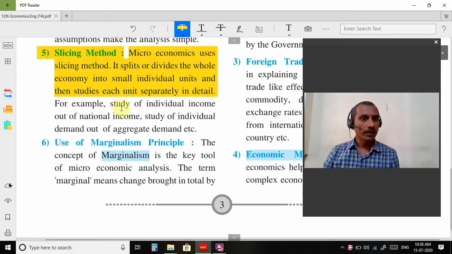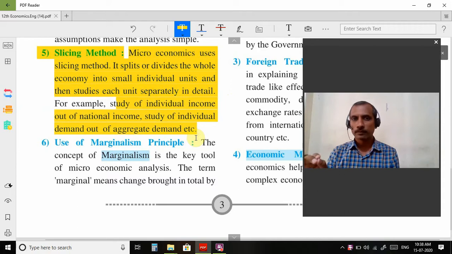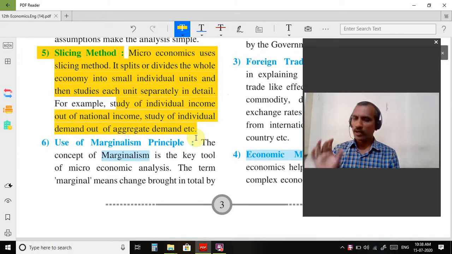So for example, individual income or national income, individual demand or aggregate demand. When we study individual demand, we will not study aggregate demand. When we study individual income, we will not study national income.